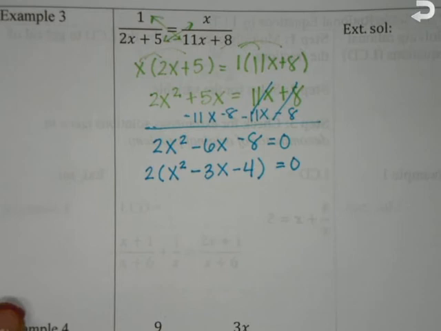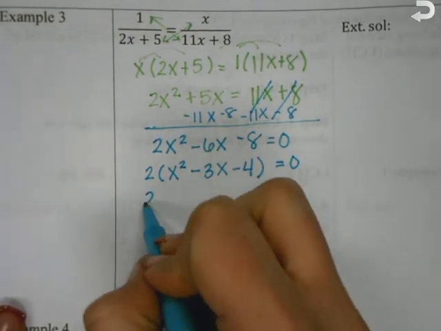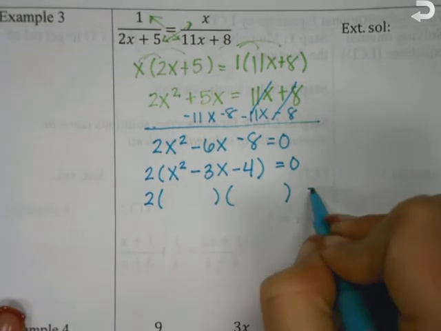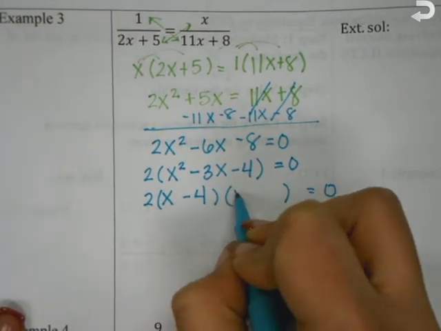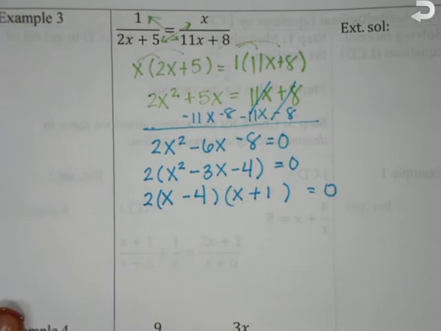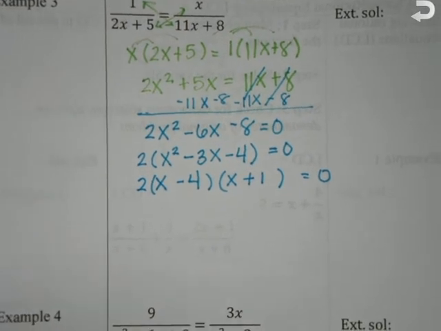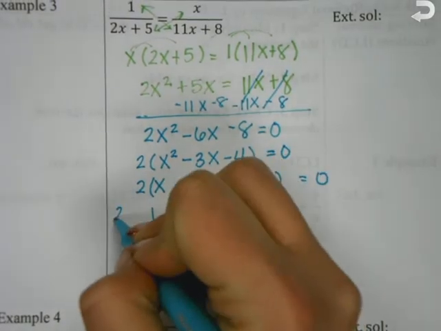So what two numbers multiply to negative 4 and add up to negative 3? Negative 4, positive 1. Okay, now what do I do? Very good. I set them all equal to 0. So 2 equals 0, x minus 4 equals 0, x plus 1 equals 0.